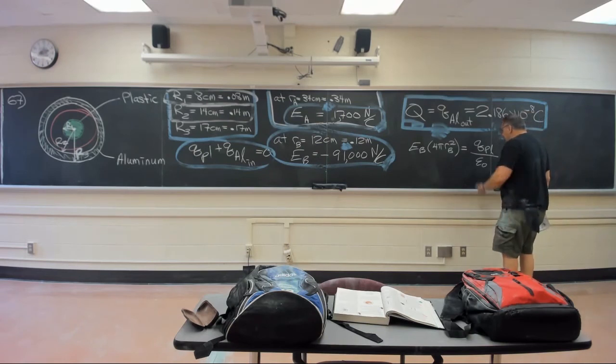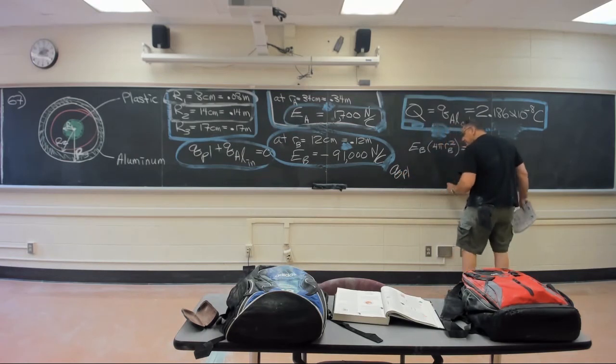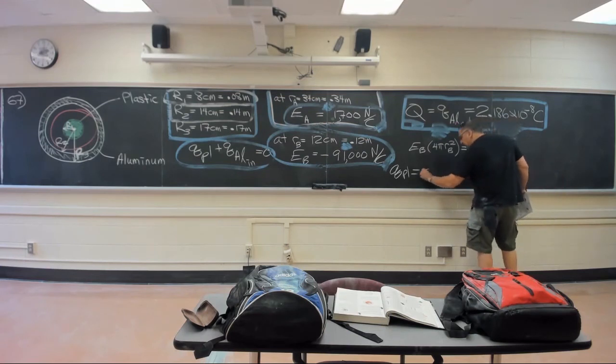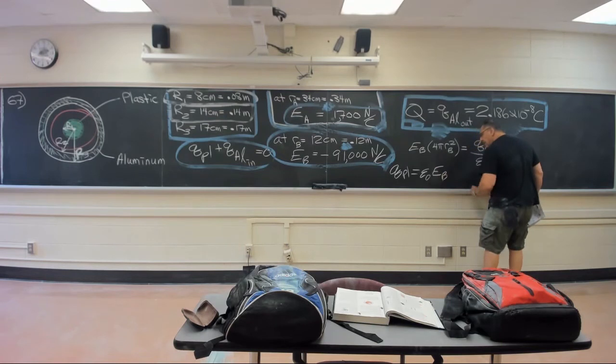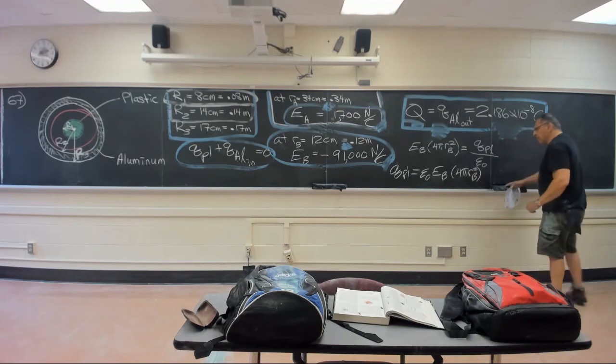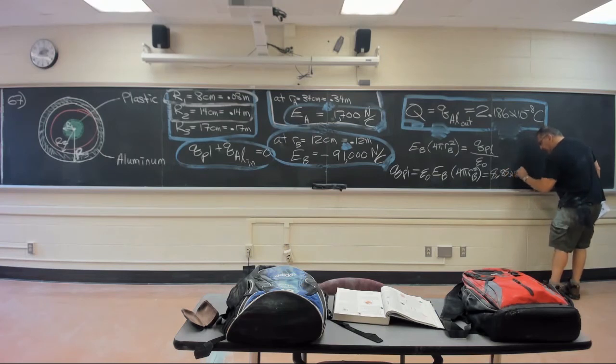Pretty fascinating stuff. What's the Q of the plastic then? Q on the plastic is epsilon naught times E sub B times 4 pi R sub B squared. Wait a minute, what's going on here? That's 8.85 times 10 to the negative 12.